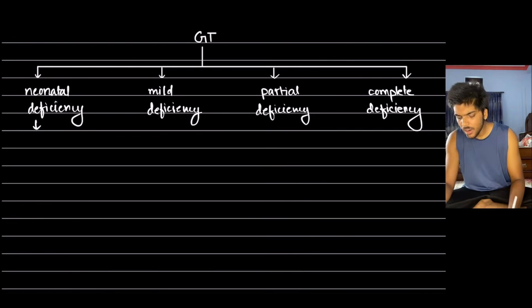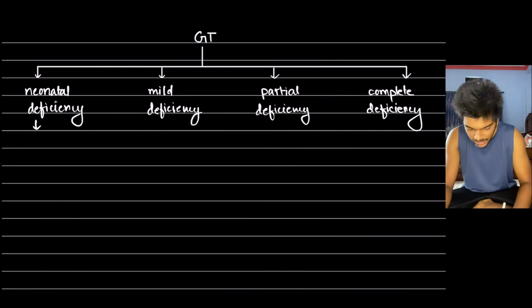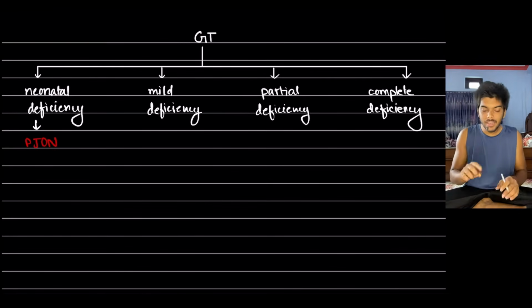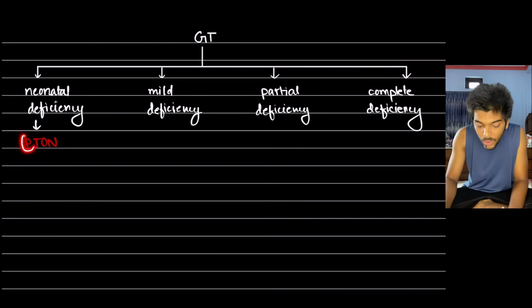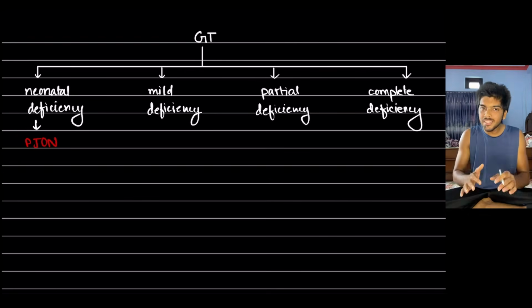Neonatal deficiency of glucuronosyl transferase leads to physiological jaundice of newborn. This right here, okay? Physiological jaundice of newborn. That is, there is deficiency of glucuronosyl transferase in a newborn. The reason it is called physiological is because it is normally present in all newborns.